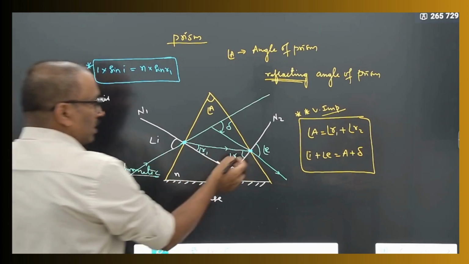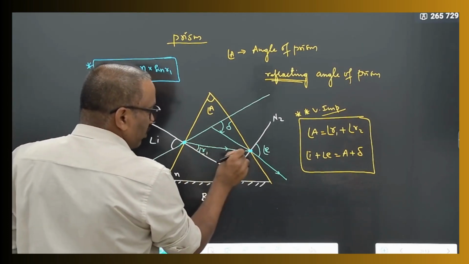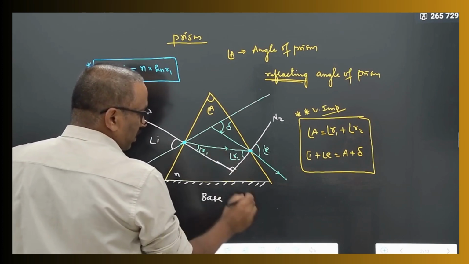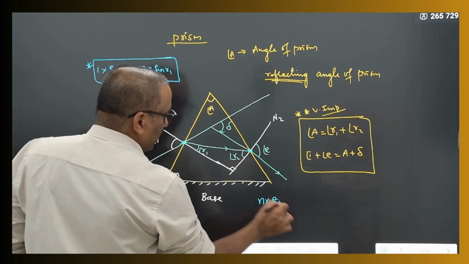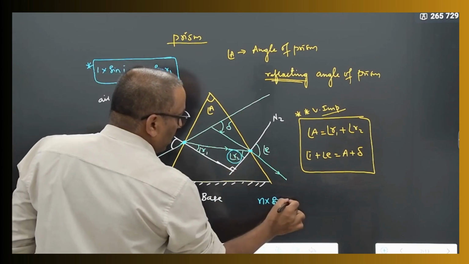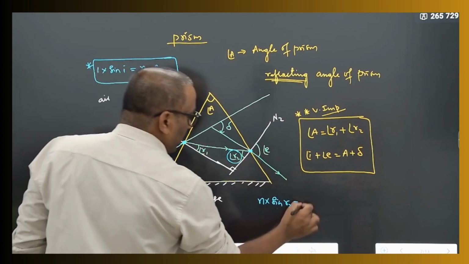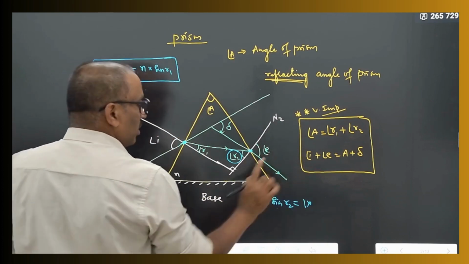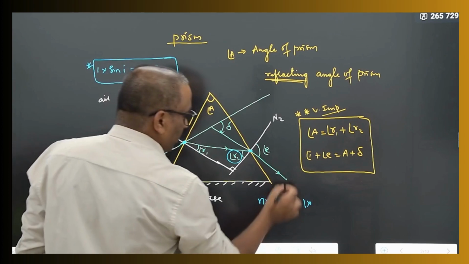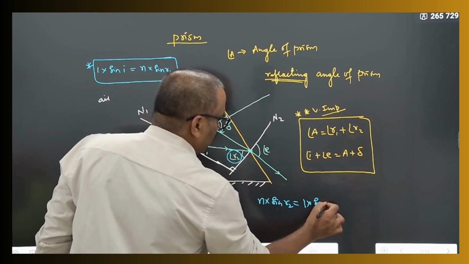The light ray is traveling from the denser medium, so n into sin R2, and entering the rarer medium, 1 for air or vacuum. If any other medium is there, then you have to use the refractive index of that medium into sin e.